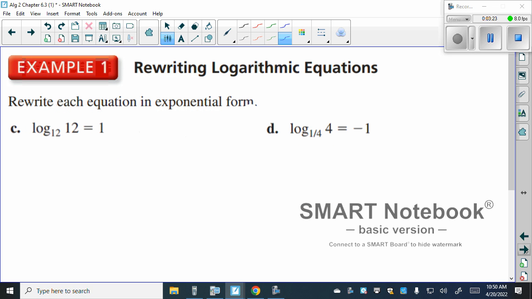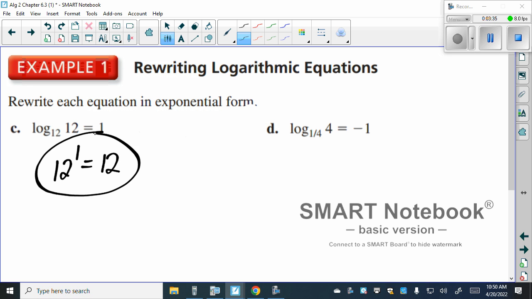We look at the next one. We have log base 12 of 12 equals 1. So how would we rewrite this as an exponential? And that's it. Questions on this here? Let's look at the next one.